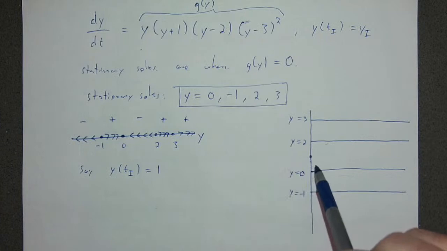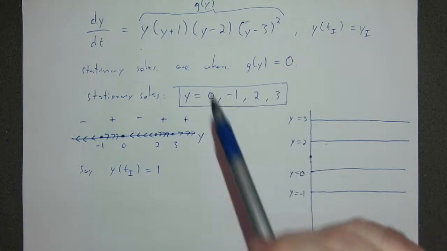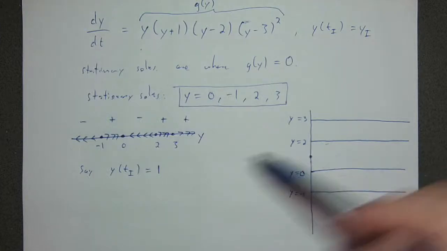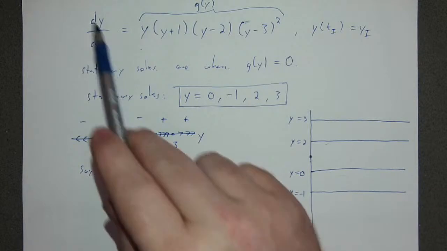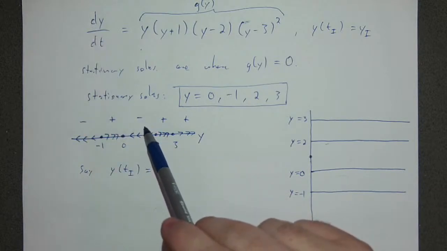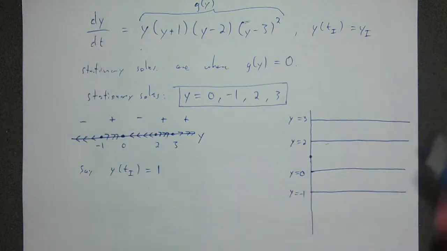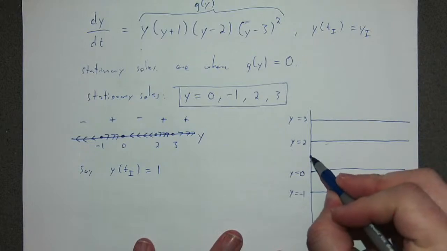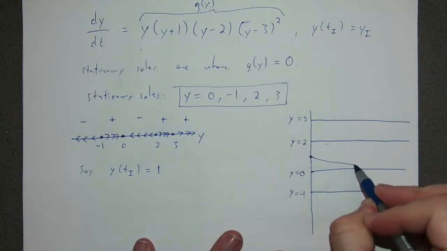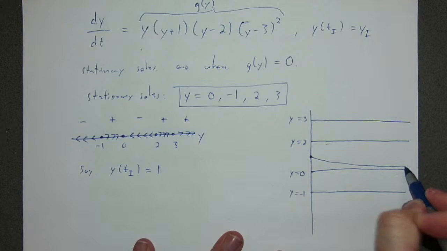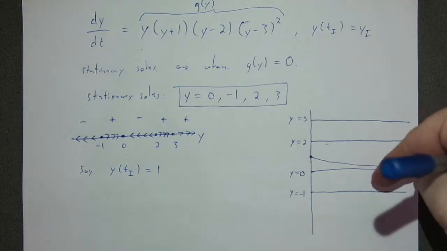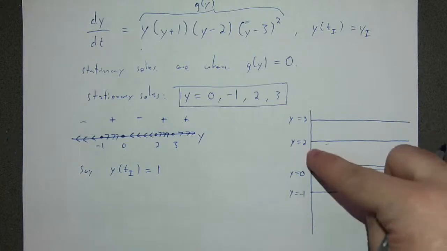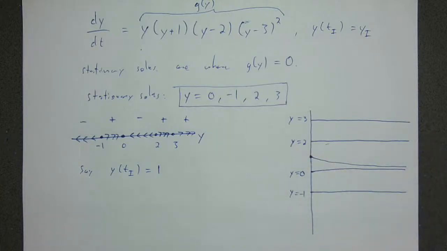So if I'm plotting potential solutions, y of t, what I'm saying is that if its initial value is 1, that means between 0 and 2, the sign of dy dt is negative, means it's decreasing. And so what a potential solution might look like would be this. Okay, we know it can't cross or touch this thing, so it's decreasing towards 0.